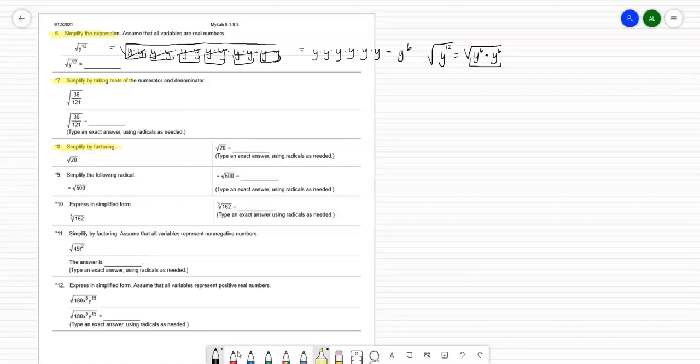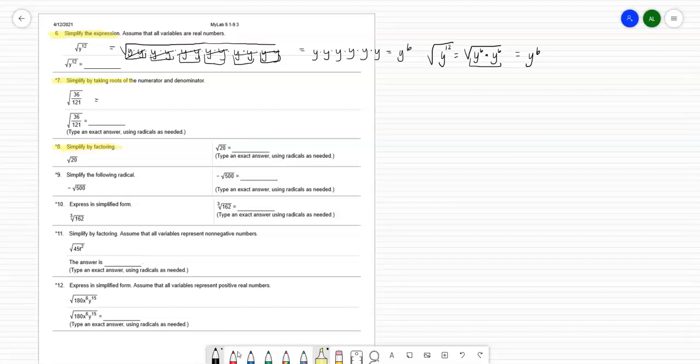And so these two are what? Perfect squares, right? A perfect square match. So that will equal y to the 6th, right? But just using it the long way gives you an idea of how we can use a prime factorization to extract our perfect square matches. And then moving to number 7.